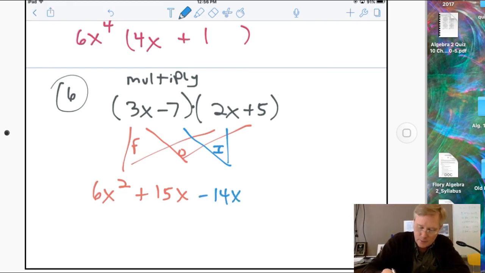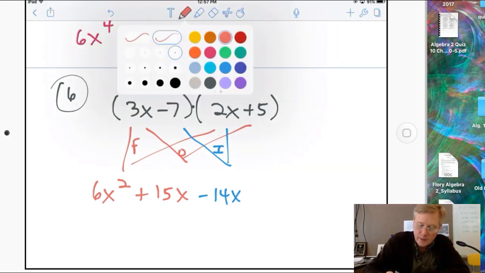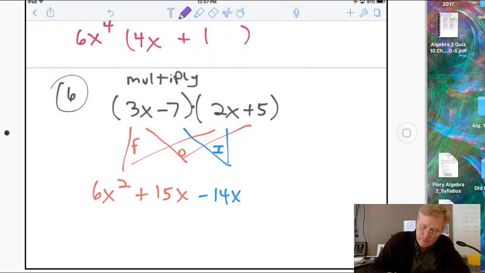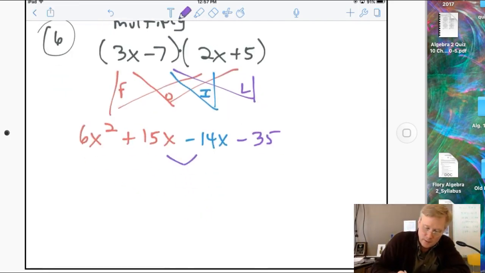And the last ones are the negative 7 and the positive 5. When I multiply those together, I get negative 35. And then the last thing I can do is combine those two, add them together. I get 6x squared, 15 minus 14 is 1x, or just x, minus 35.